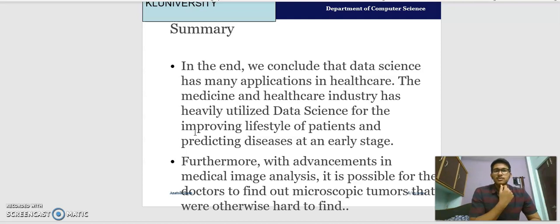I hope you understand, and you can also see there is a wide range of uses of data science, not only in medical science but also in various sectors and industries, such as banking and IT.